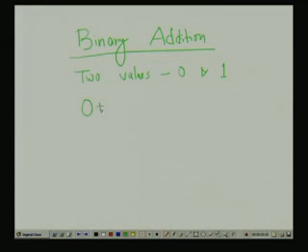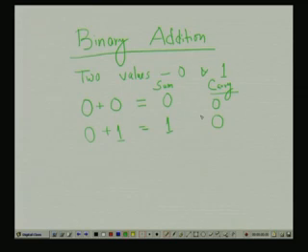One is 0 plus 0, and the sum is 0; from our normal sense, the carry is also 0. Now, if I add 0 and 1, the sum is 1 and the carry is again 0.